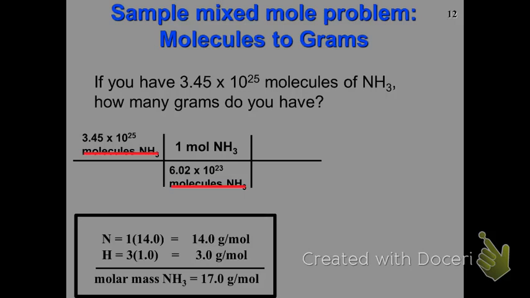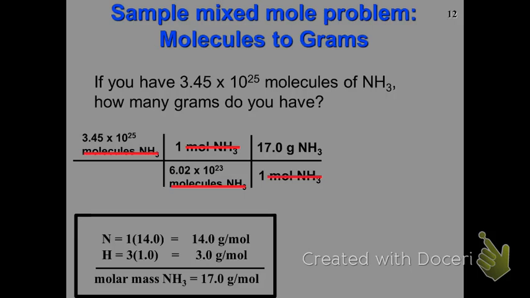But we're not done. We do need to get rid of moles of NH3. We'll put moles of NH3 in the bottom, and then 17.0 grams of ammonia on the top. Now we have the molar mass, and to get rid of these moles and be left with grams. So if you look at this, we've put two of these problems together.